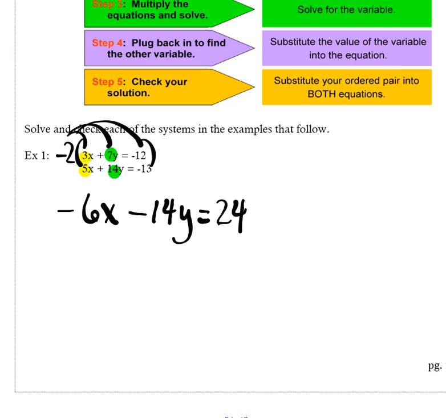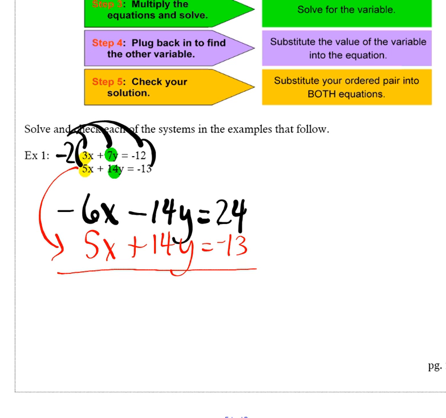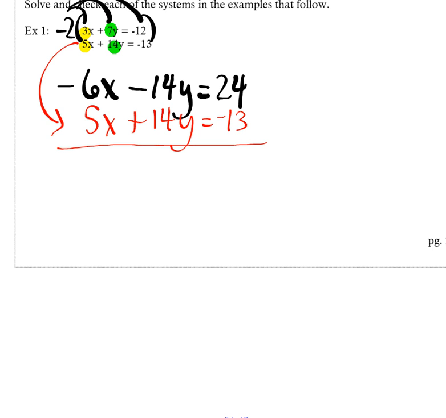Using a different color, I'm just going to bring this down, and I have 5x plus 14y equals negative 13. Now, when I add those two equations together, my y's will cancel out. Adding my x's, I wind up with negative x equaling 11. And I can't end on a negative, so I'm going to divide by negative 1, giving me x equals negative 11.